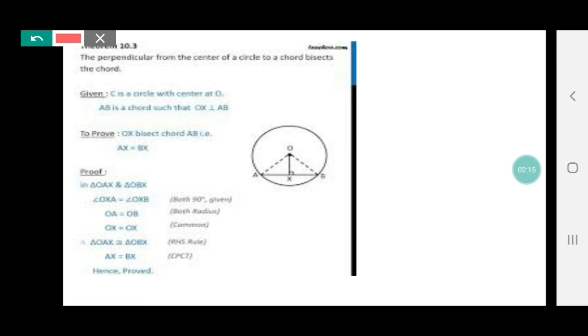So the two triangles will be congruent by which test? By the hypotenuse side test. As the two triangles are congruent, their corresponding sides are equal, so AM is equal to BM, corresponding sides of congruent triangles. So we prove that the perpendicular drawn from the center of the circle to the chord bisects the chord. I hope I'm clear. Now we move on to the next part.